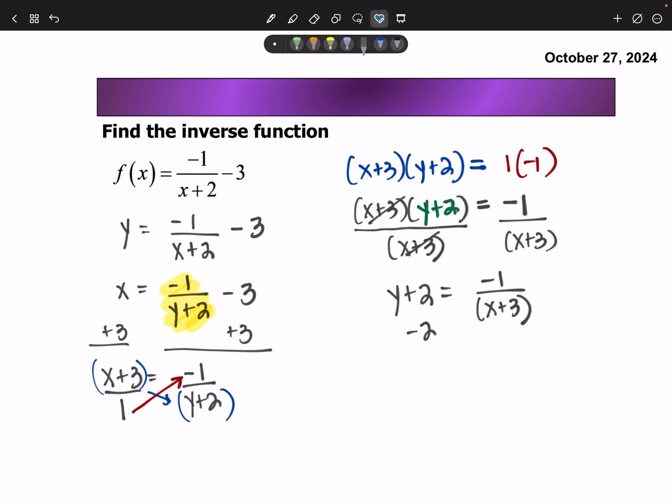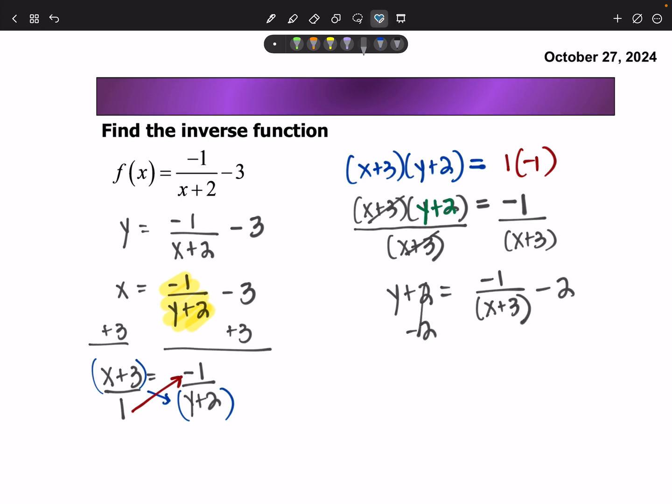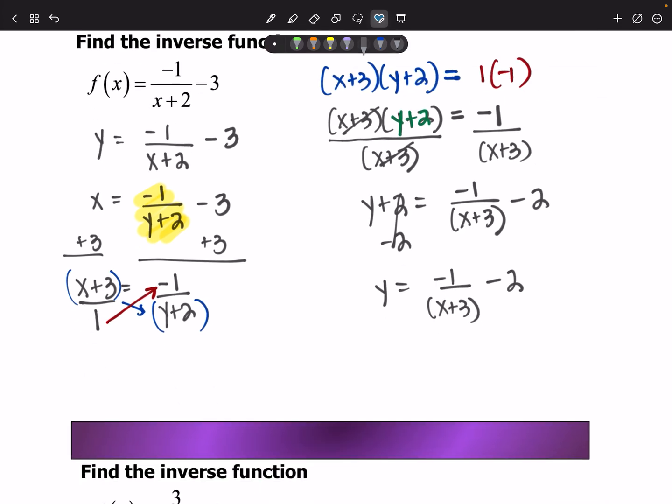I'm going to subtract 2 from both sides. Y equals negative 1 over x plus 3 minus 2. Last step would be change the y to f inverse. And that would be our inverse function.